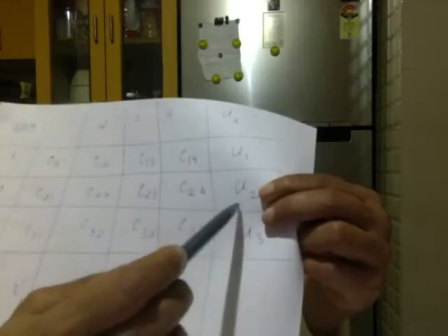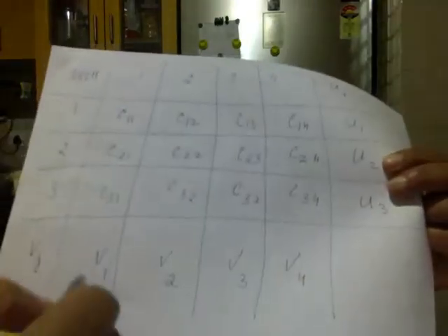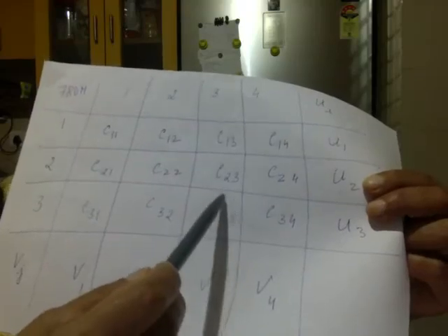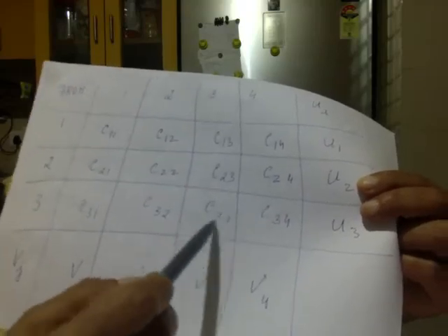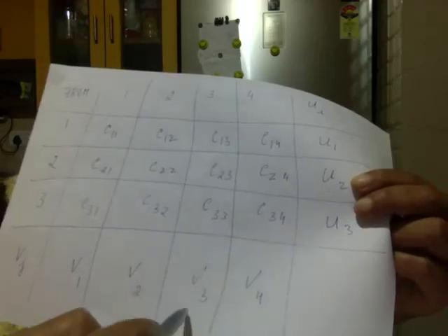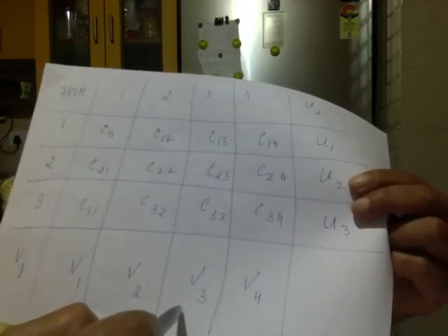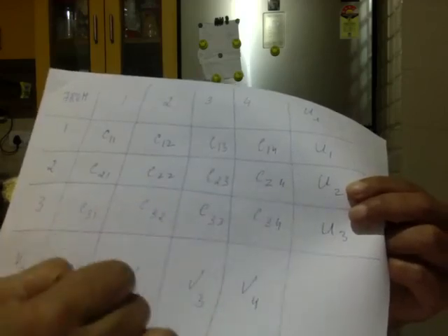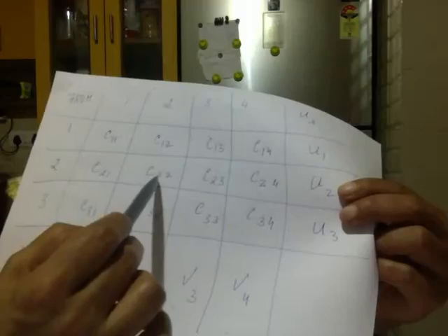At the end here you have U1, U2, U3, and you have V1, V2, V3. If I'm going to see C33, C33 is equal to U3 plus V3. Alright? C22 would be U2 plus V2. You don't even have to go there. When you say 2, this is U2.